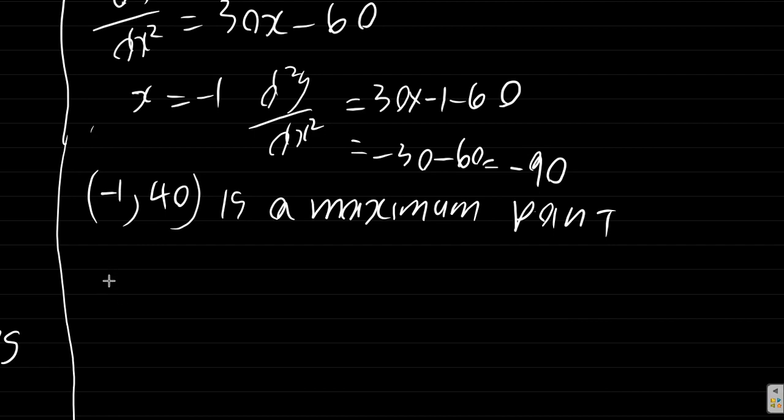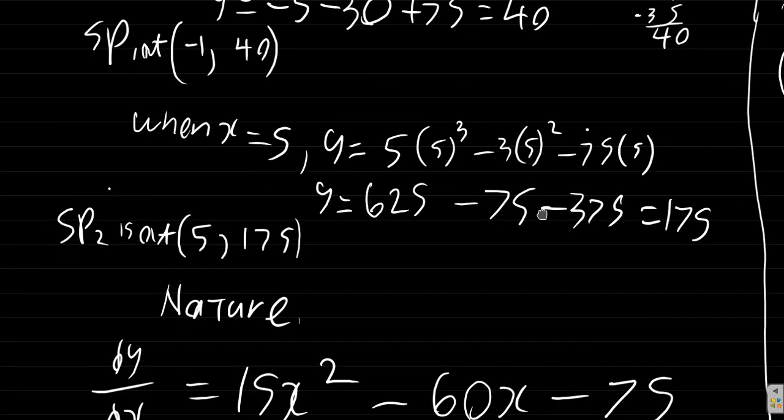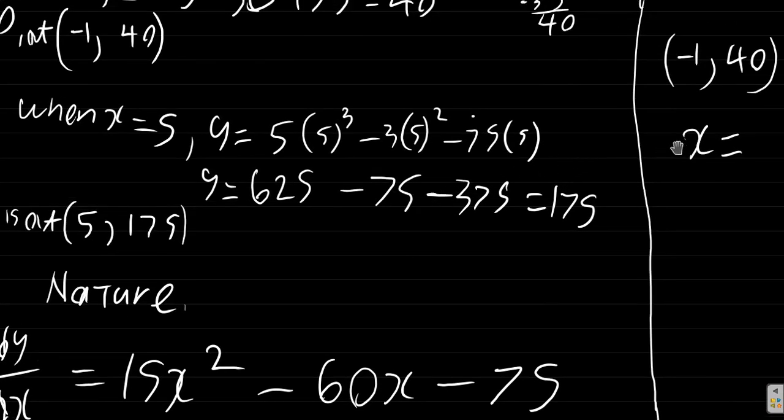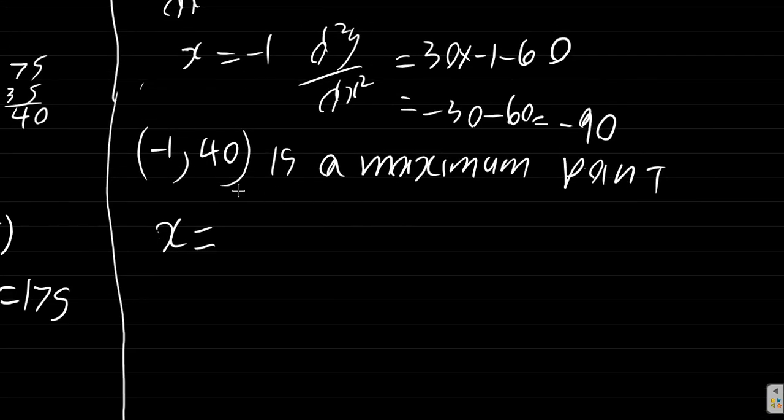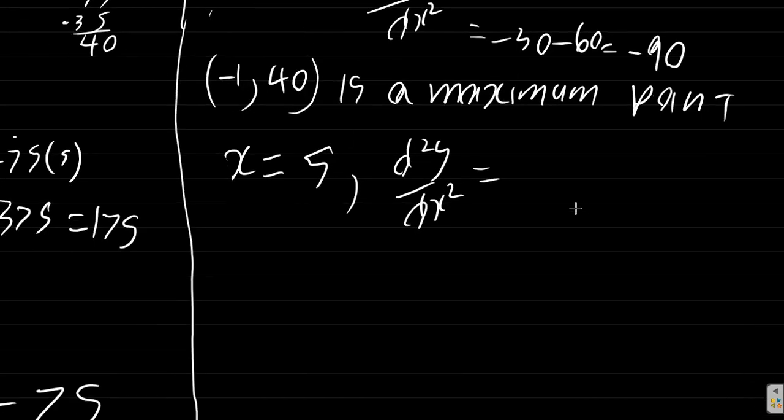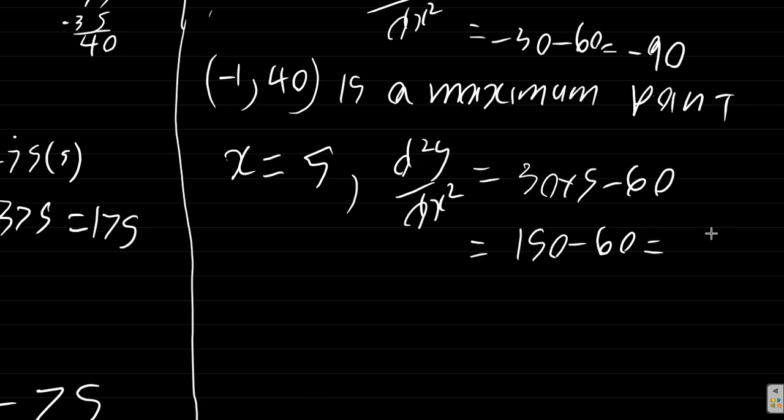Now what happened at the other value again? x equals 5. When x is 5, d squared y by dx squared is equal to 30 times 5 minus 60, which is 150 minus 60. 150 minus 60 is 90, positive 90.